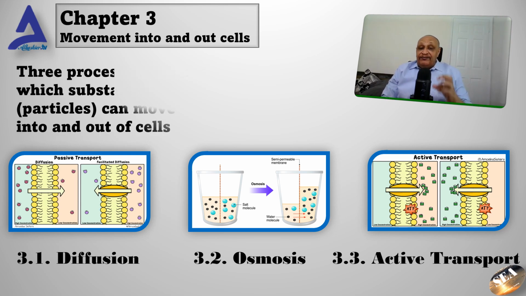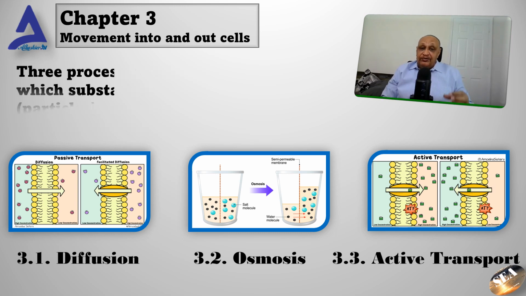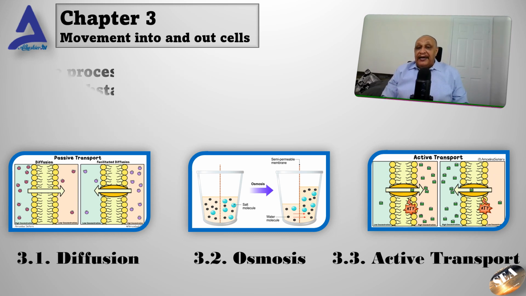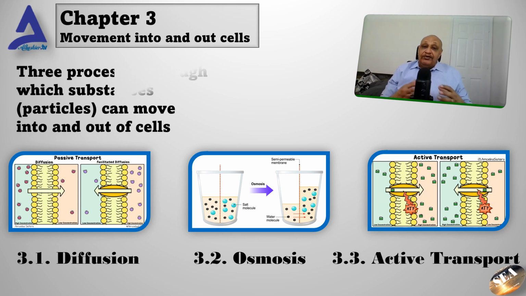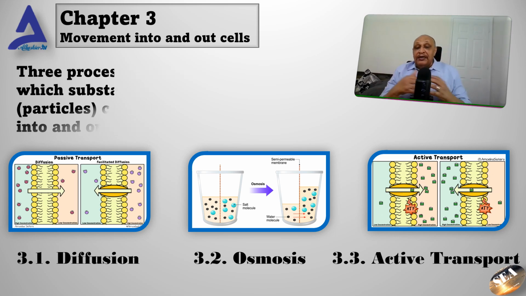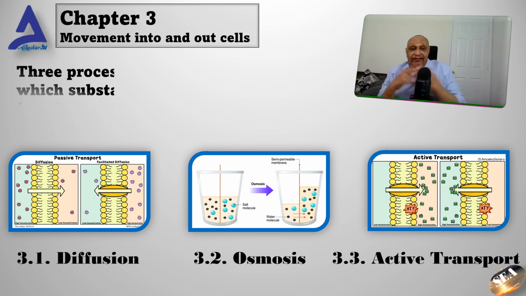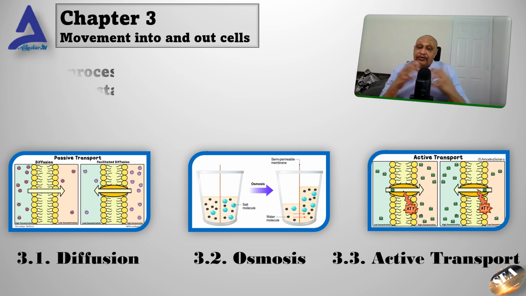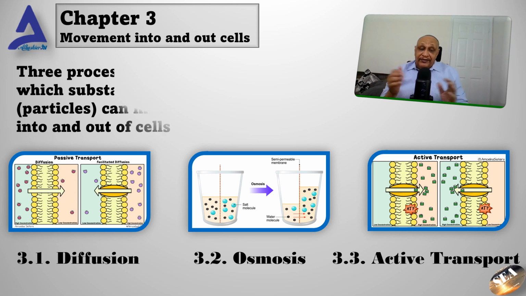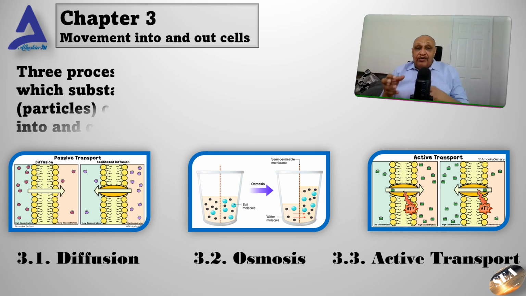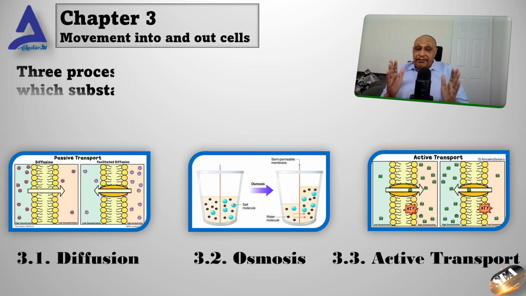Number one is diffusion. Number two is osmosis. And number three is active transport. Those are three processes that are important for all living beings, including humans, for all cells, all animals, and all types of plants, and we will discuss each one separately.